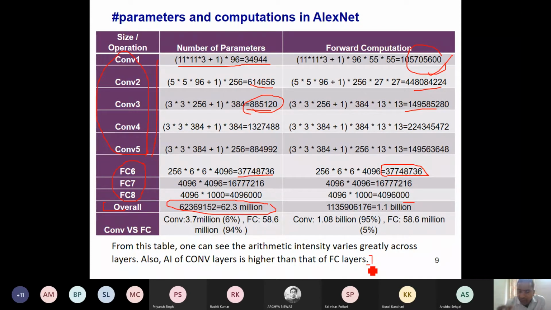For the sake of simplicity, you assume that each parameter is just 1 byte. Let us make things simple. So here the AI of the FC layers is all just 1. Whereas here, as you can see, the number of parameters is very few, but the number of computations is too much. So here the AI will come out to be much larger than 1.